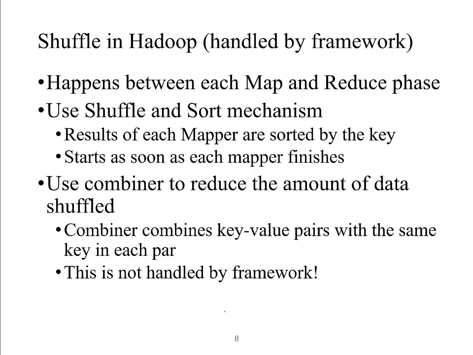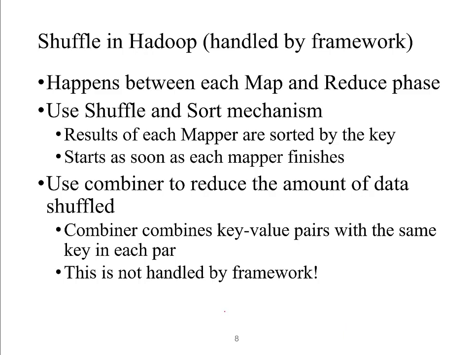The process is to transfer data from the mappers to the reducers. In Hadoop, it uses a shuffle and sort mechanism, where the results of each mapper are sorted by the key and wait to be sent to the reducer.